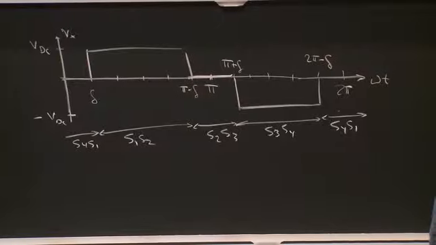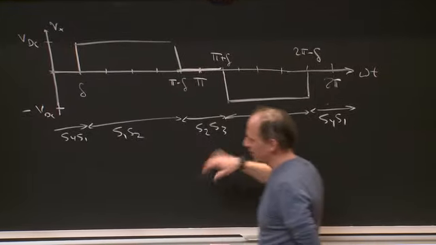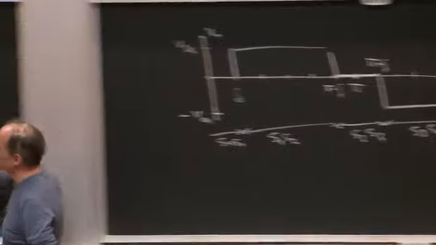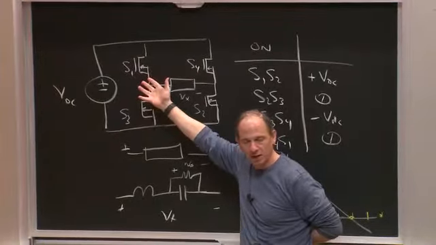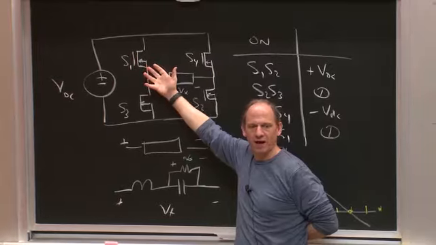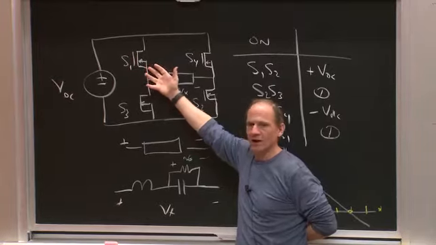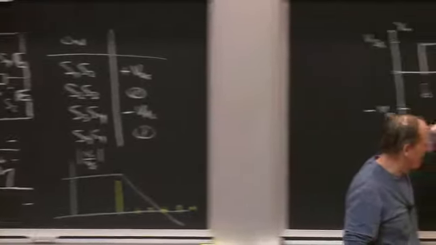I've switched each device on and off once per cycle, and hence I've got the lowest switching losses that I might get for synthesizing such a pattern. So if I care a lot about the loss in switching, which I might if I'm either at very high power where I have high voltages or very high frequencies, this is a pretty nice pattern to have.